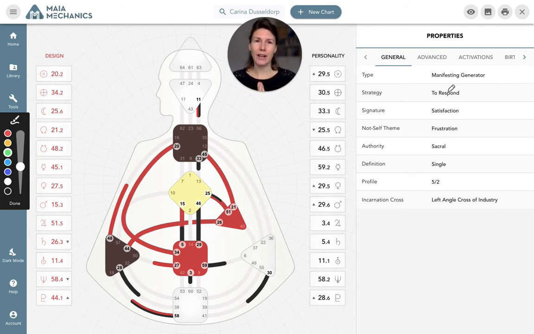And when I'm saying correct, I mean I use the energy and I use what I have, what I can bring here. I use my definition in the most optimal way, in the most healthy way, in the most vital way. And if I'm trying to initiate from my mind and make things happen and just not living from that response place, so not waiting to respond, but I'm just going to do all these things from a mental place, then I'm not using all this energy.